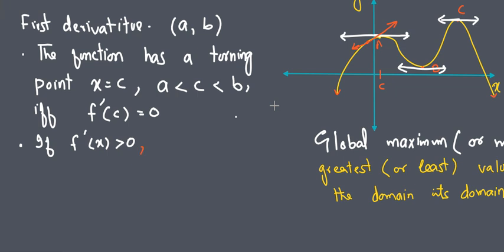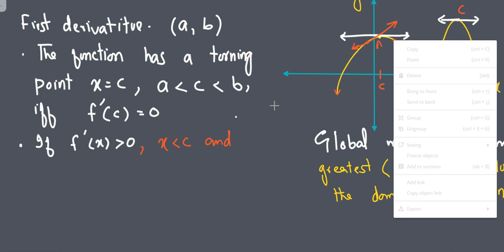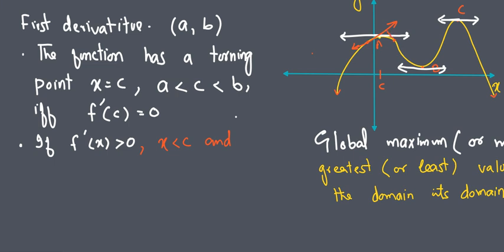So that means I will write the condition like f prime of x is greater than 0. What was my choice of x? That x was on the left side of C. Is it clear? Yeah. Okay. And what is the second condition? When I take the point on the right side of that turning point, what will happen if you look at its slope? It is going downward, right? So we will say f prime of x is less than 0, okay?